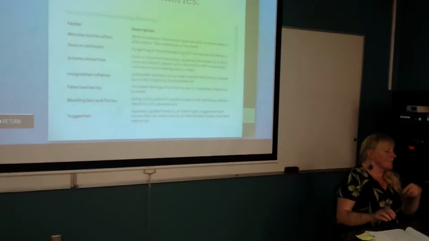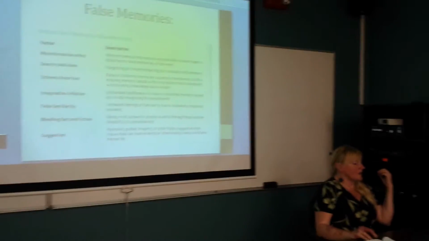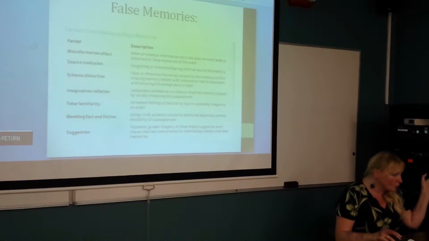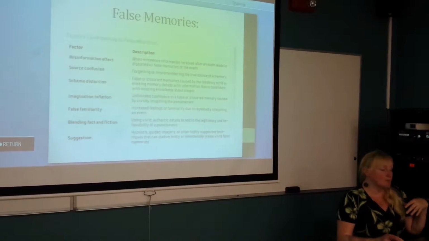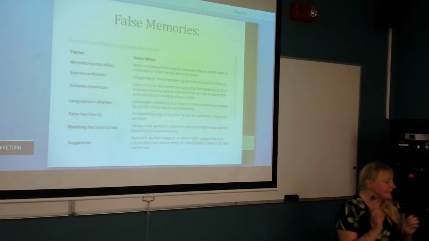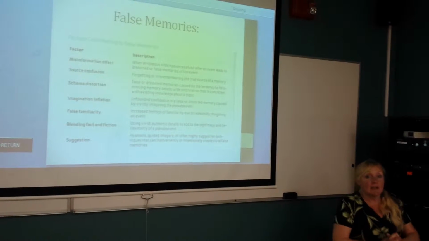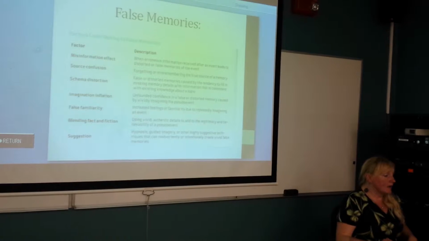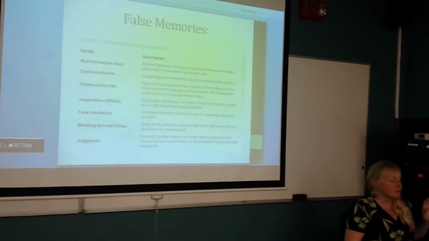And so the event, what they were told is that they were lost in the mall when they were a child, 5 or 6 years old. And they were lost for an extended period of time. And they were upset, and they were crying, and they were rescued by an elderly person, and then they were reunited with their family. Now remember, this event never occurred. It wasn't real.